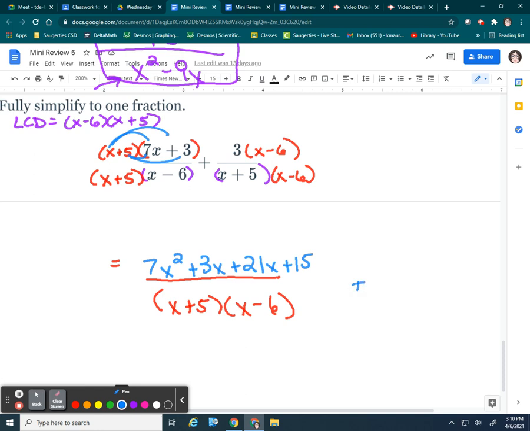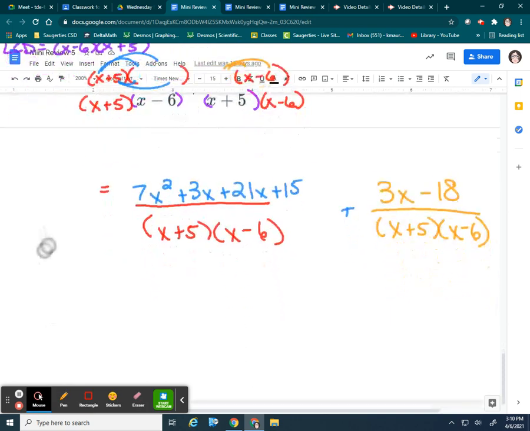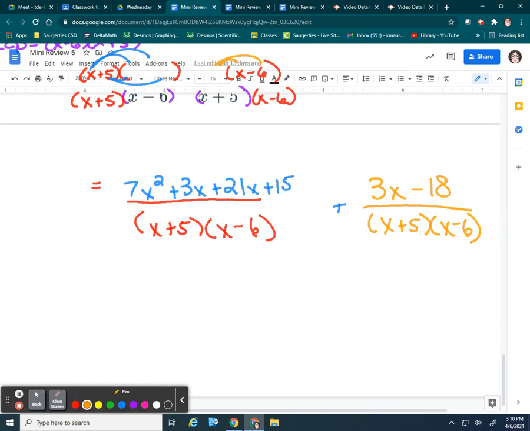Now I have my other fraction. So again, I'm going to keep this denominator factored out. And I'm going to just distribute this. So I have 3x minus 18. So now my denominators match. Let's get a better color.